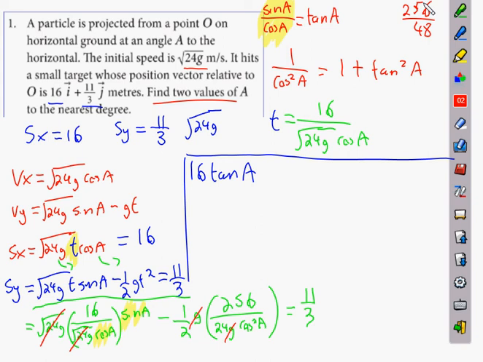You're at 16 over 3. 16 over 3 is a good number, okay? So, minus 16 over 3 cos squared A equals 11 over 3. You can see our equation is just completely reduced down to a much smaller size, right?